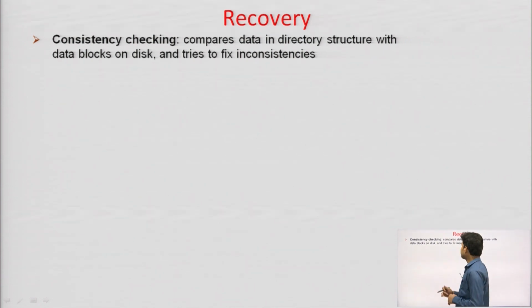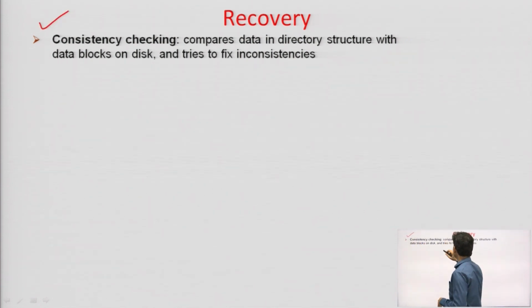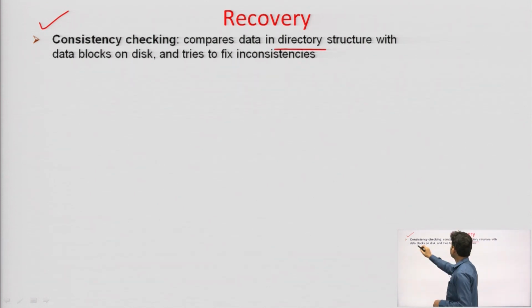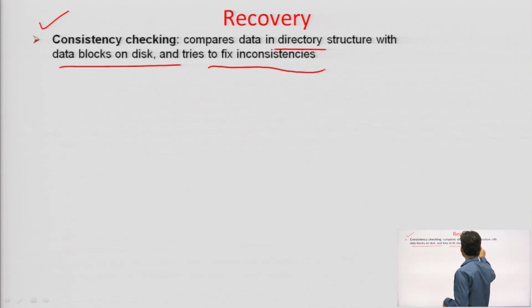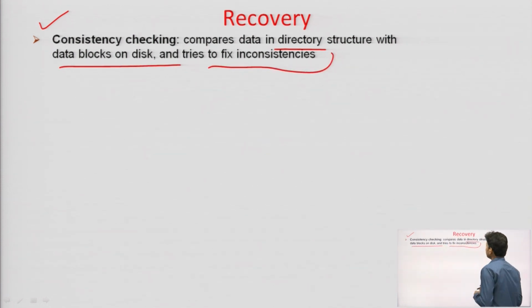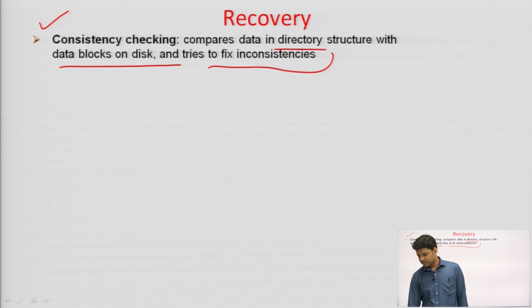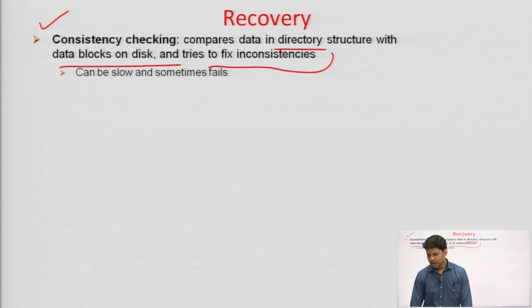The first way is to use consistency checking. What does consistency checking do? It compares data in the directory structure with data blocks on disk and tries to fix the inconsistencies. It performs this comparison again and again to check for inconsistency. It can be slow and sometimes fails also.